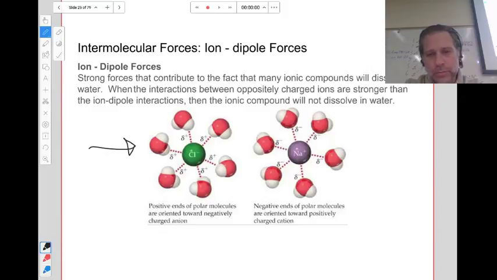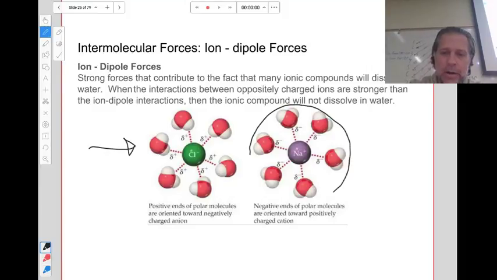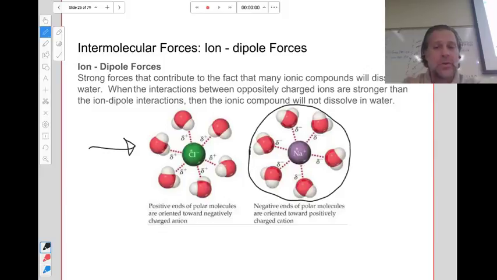And when they're dissolved in water, they end up completely encircled by the water. As a result, we now have individual ions floating around, completely engulfed by water in 360-degree fashion. So there is a limit to the amount of salt that we can dissolve in water. What do we call it when we dissolve too much?